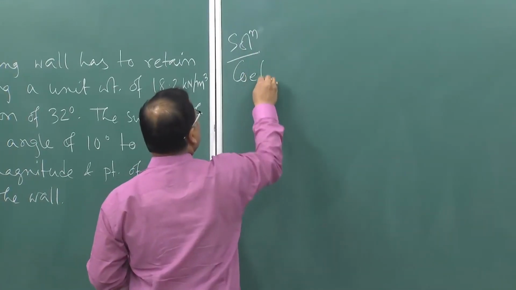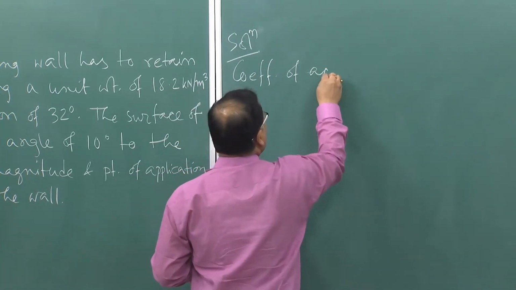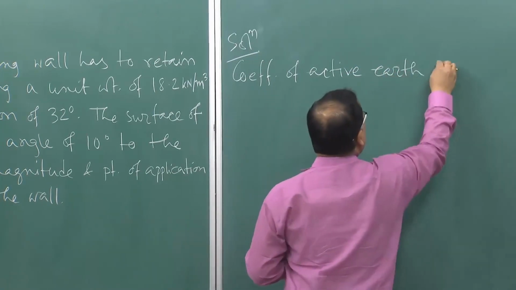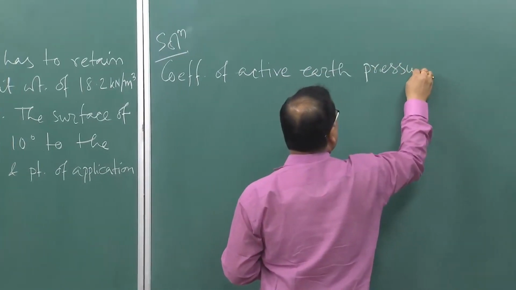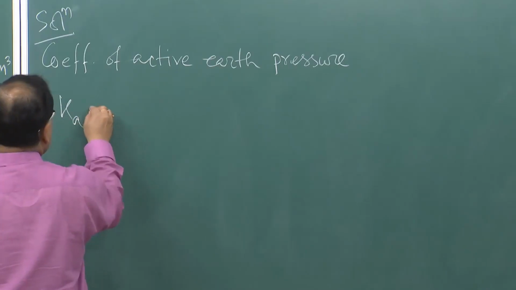First we will try to find out the coefficient of active earth pressure, say Ka.